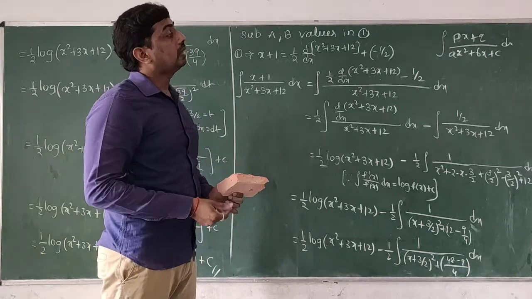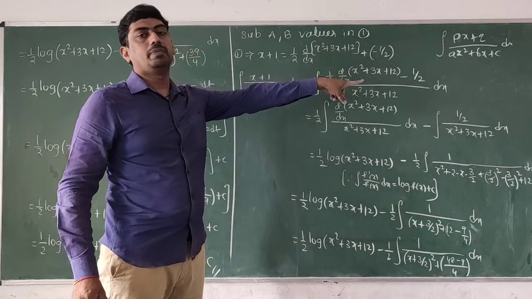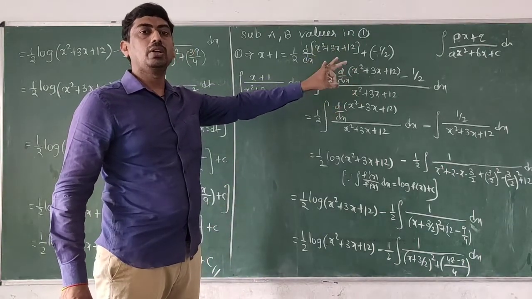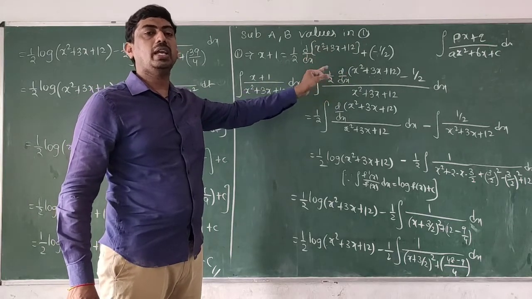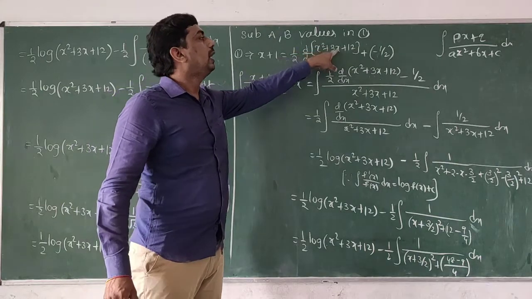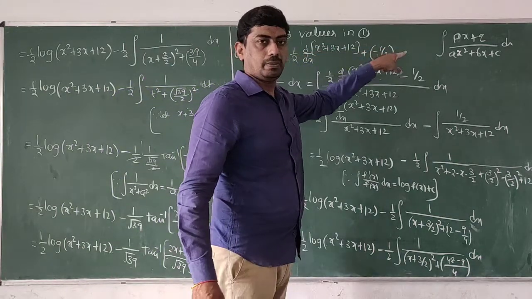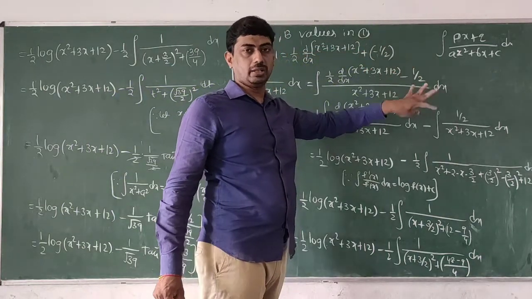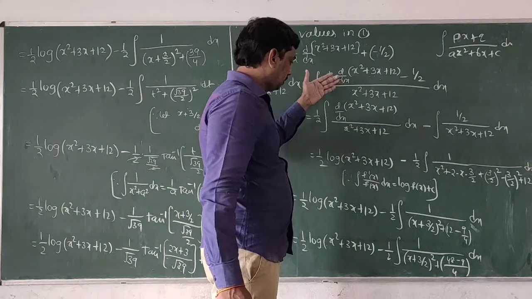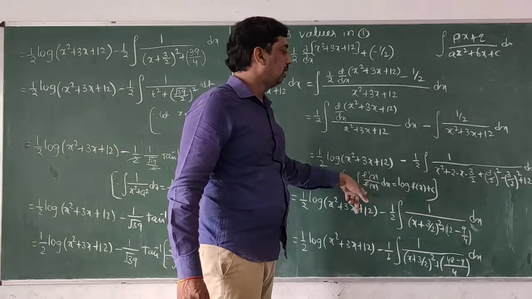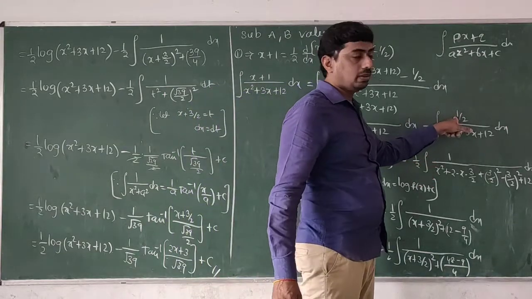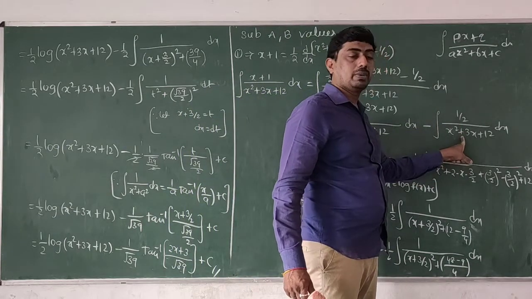So whenever given problems are in that form, simply remember: take px plus q equal to a into derivative of ax square plus bx plus c, plus b. After that, simplify this one, find out a comma b values. Substitute in this one. The first one is in the form of f dash x by f of x. Remaining one is in the form of 1 by ax square plus bx plus c.